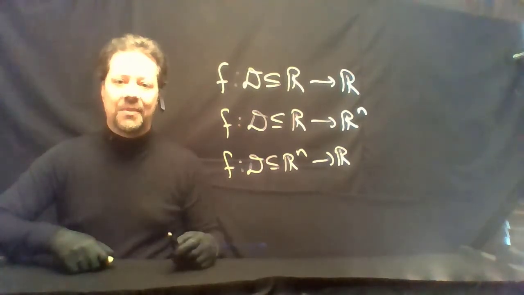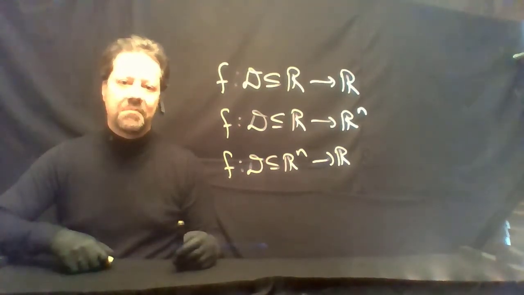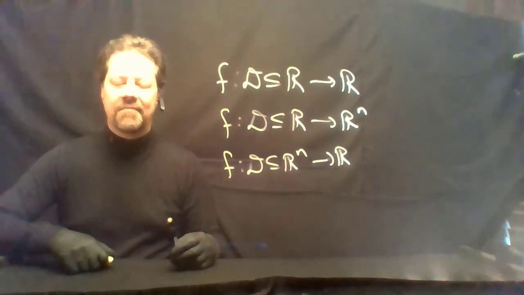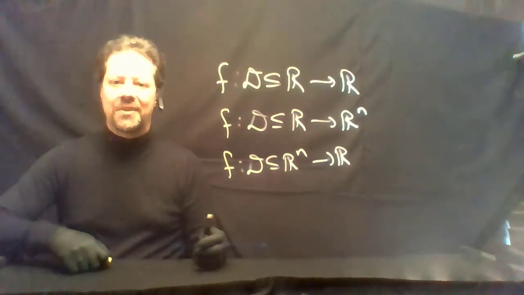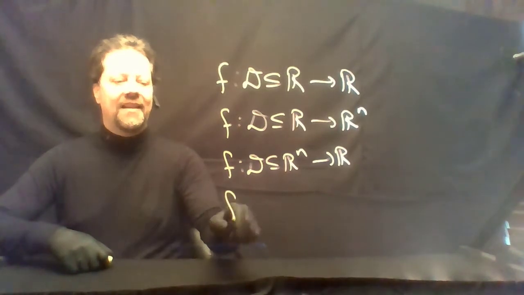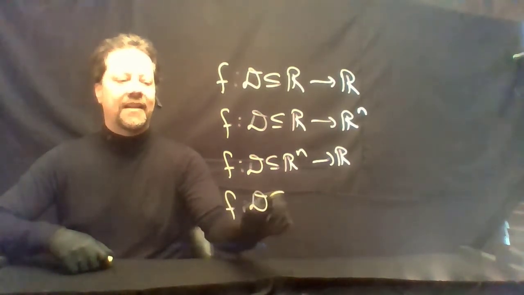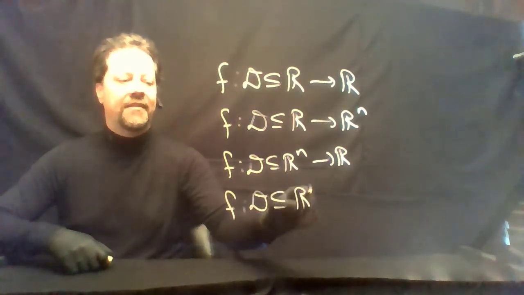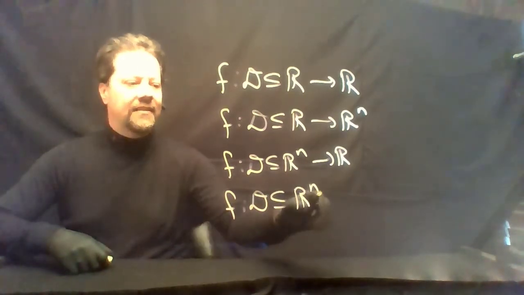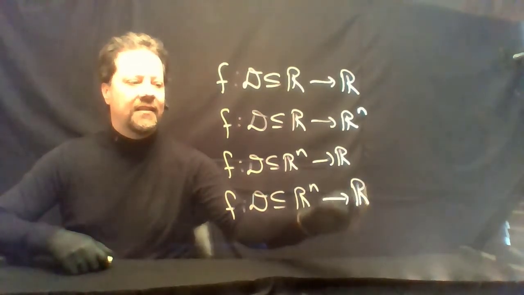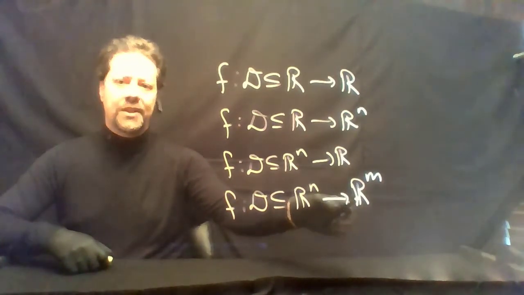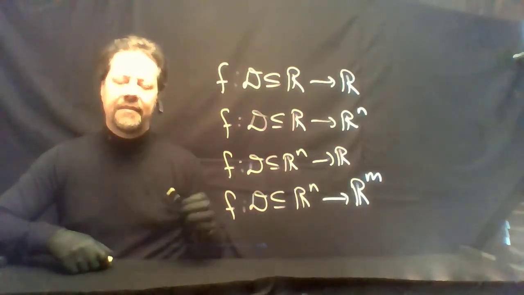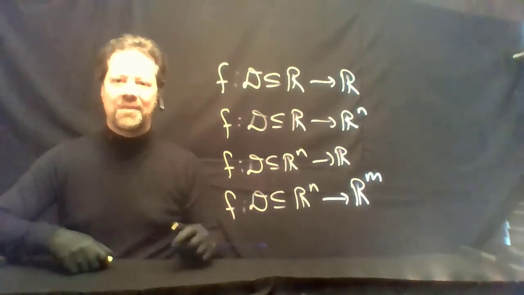When n is equal to 2, you have what is called a surface embedded in R3. If n is bigger than 2, you have a hypersurface. And now we're going to look at functions where you have a vector input and a vector output. You're associating a vector in the range space with a point in the domain space.